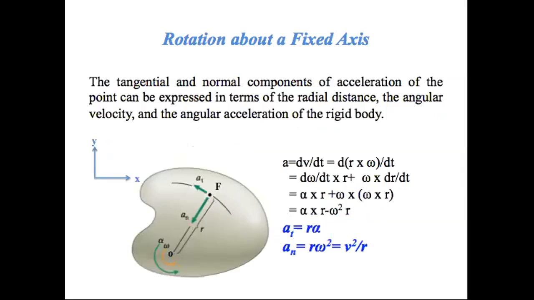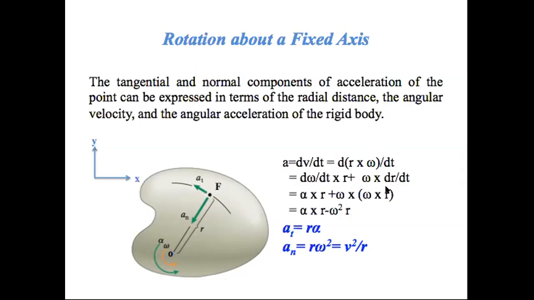In this slide, I'm talking about how we find the angular acceleration of the rigid body. Again, look at this figure. The linear acceleration of point F equals dv dt. And since we just derived that the linear velocity v as a vector equals the cross product of omega and r, the linear acceleration equals d omega dt cross r plus omega cross dr dt.